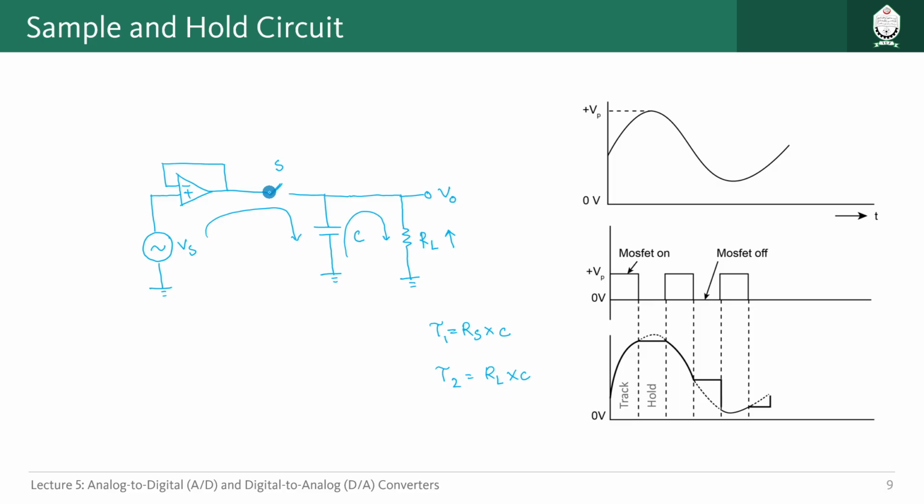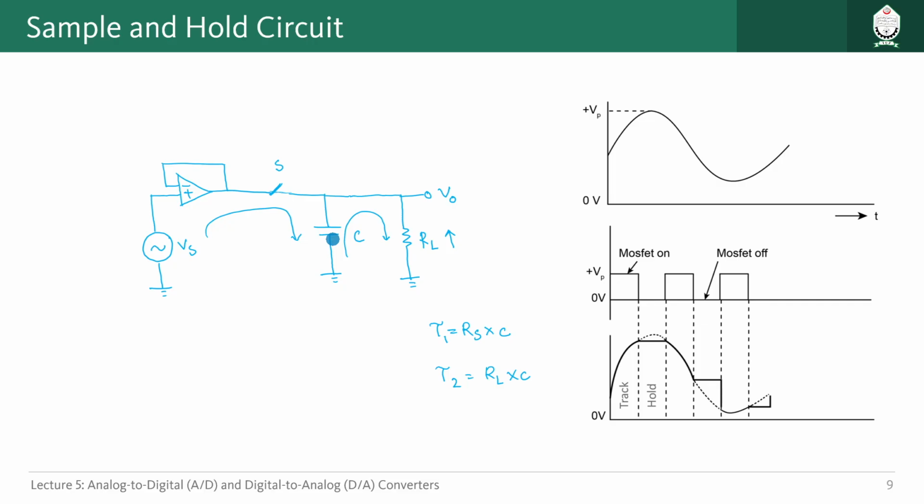Whenever the switch is closed, the capacitor is connected with the output of the op amp, and if I look through this path, the op amp has quite low impedance. The effective impedance of this portion for the capacitor is quite low, which we want, right?